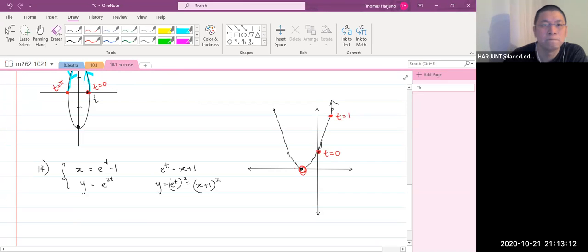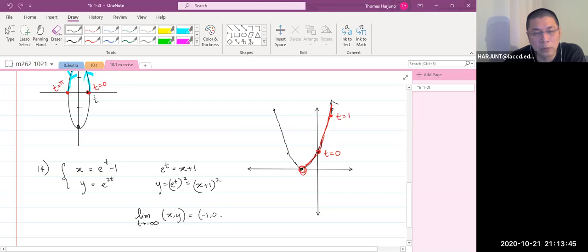Never. So the curve is actually like this. Not the full parabola, only half of that, and it's not including the vertex. Okay? In other words, the limit of t going to negative infinity of this (x, y) will be (-1, 0).